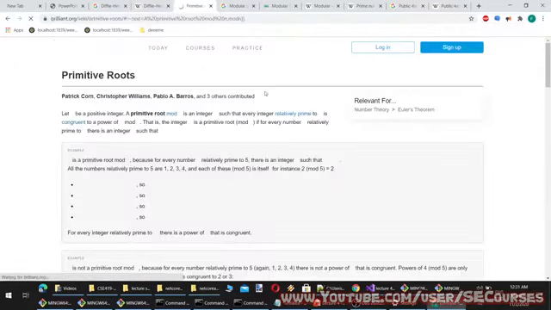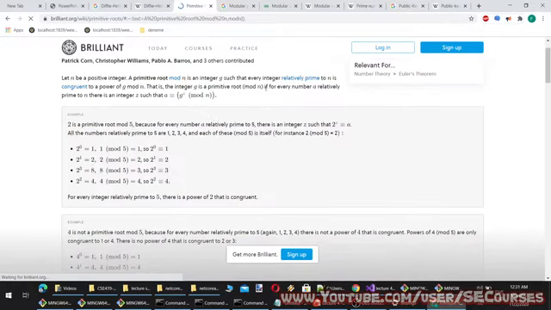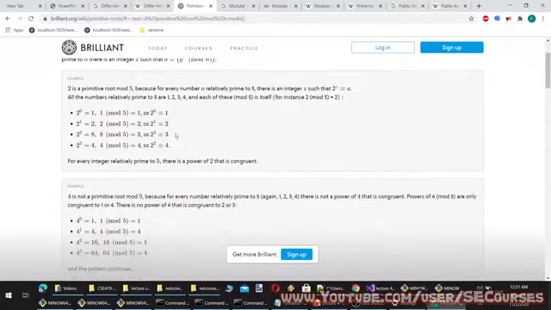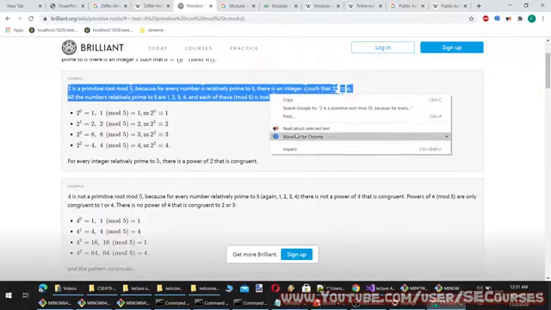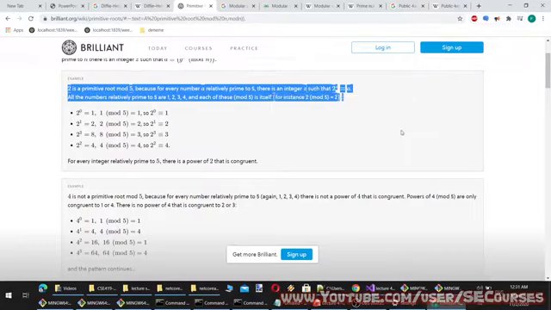Okay, let's understand the primitive root. 2 is a primitive root mod 5, because for every number a relatively prime to 5, there is an integer z such that 2^z is congruent to a.